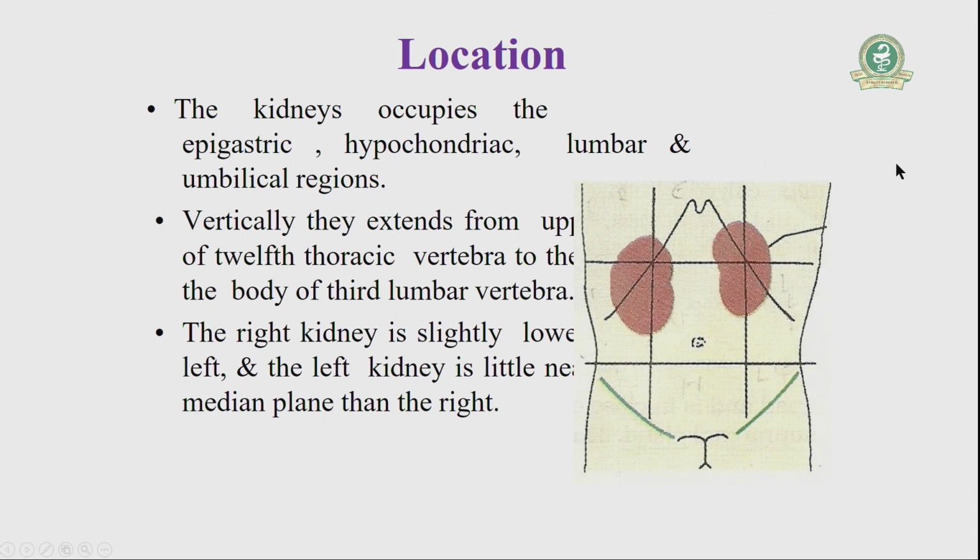Location: the kidney occupies the epigastric, hypochondriac, and umbilical regions. Vertically, they extend from the upper border of the 12th thoracic vertebra to the third lumbar vertebra.